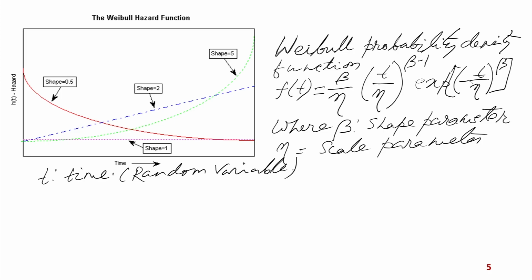Okay. So, once this is given, you can find the R t. R t will be equal to minus integration of f t dt, and using this you can find the hazard rate, which I will write as h t.